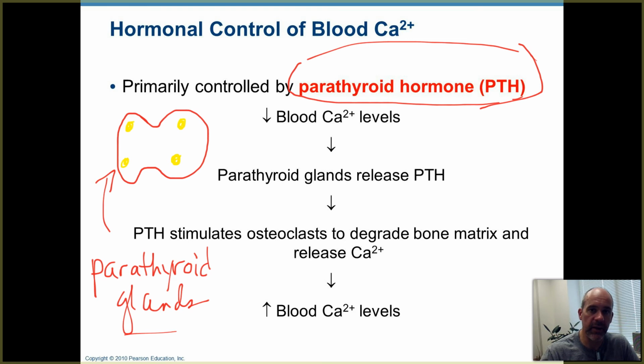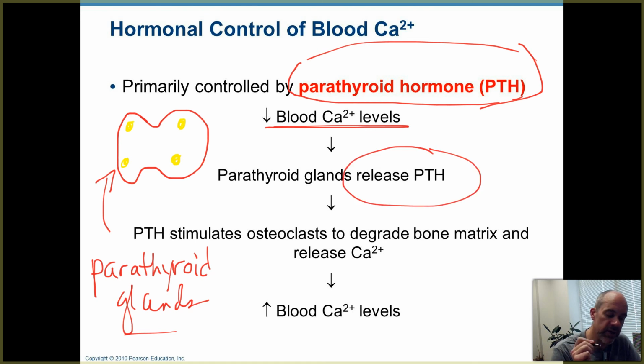There are cells in there that are programmed to be sensitive to the calcium ion levels in the blood and body fluids. So if calcium ion levels are falling too low in the body fluids, the parathyroid glands release a hormone called PTH, or parathyroid hormone. PTH gets into the bloodstream, travels all throughout the body, and it has certain targets.